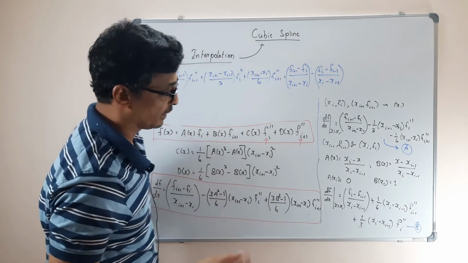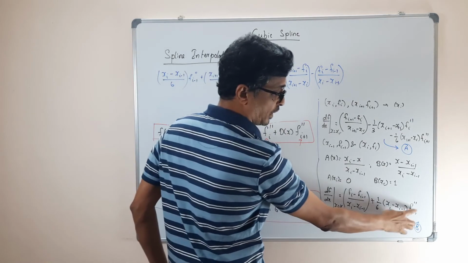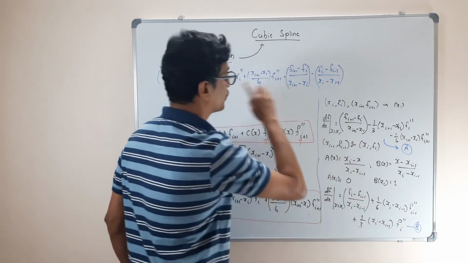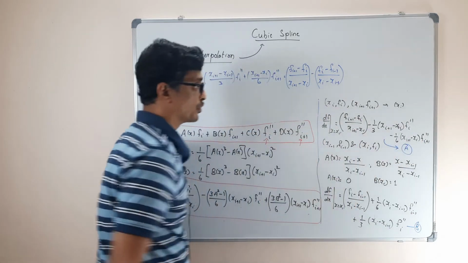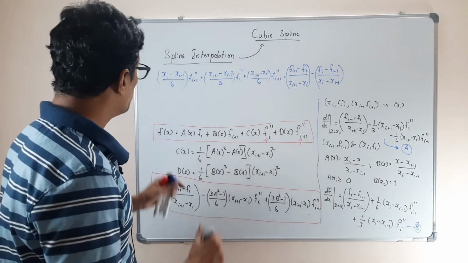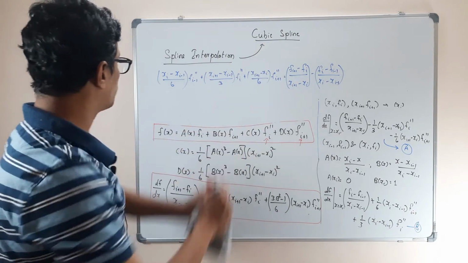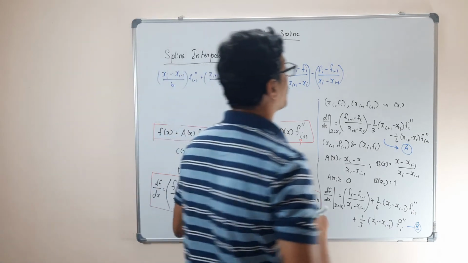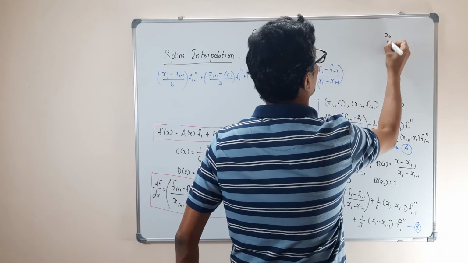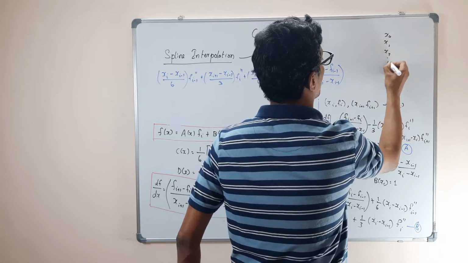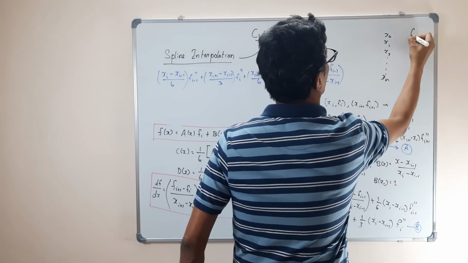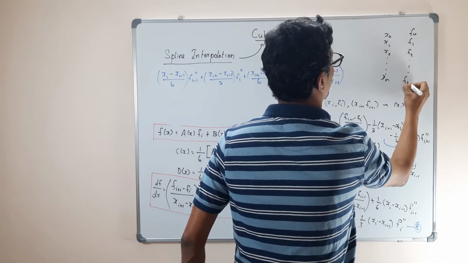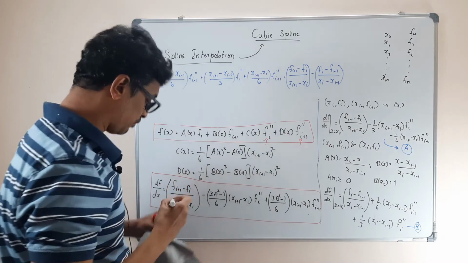If you can see clearly, the i minus 1 double prime is there, the i double prime is of course there, and the i plus 1 double prime is also there. Now, given the set of points, let me write down the set of points. What we had is x0, x1, x2 up to xn, and f0, f1, f2 up to fn.